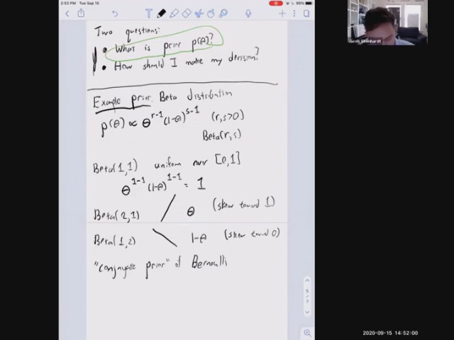Just as an example, let's suppose that P of theta is this beta distribution.